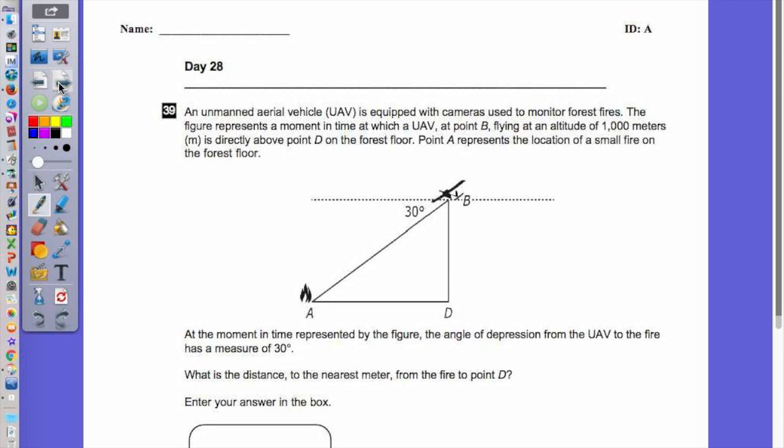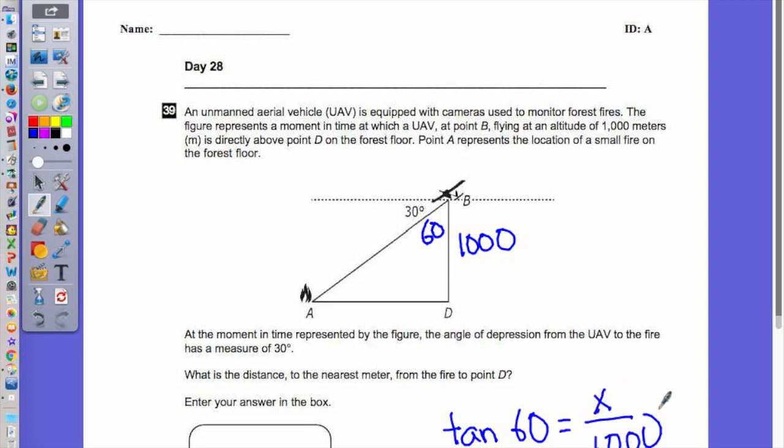Now we want to know, guys, same type of problem, but now we want to know how far it is from D to the fire. So do the same thing, but with tangent. So this is 1,000. Now you want to find the opposite, you have the adjacent. So tangent 60 equals opposite over 1,000.